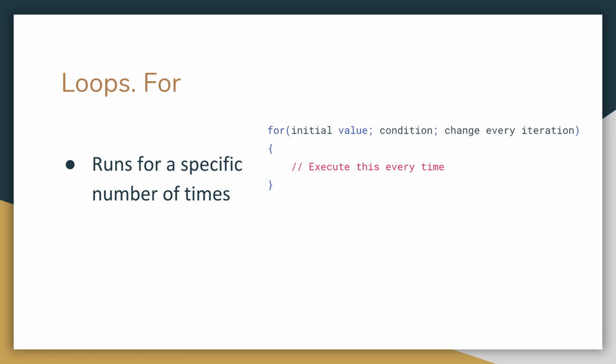So let's say if I want to run my loop 5 times, I will say that my initial value is 0. Let's say int index is 0, and my condition is index is less than 5 if I want to run it 5 times, and then my change in every iteration will be that my index changes by 1. So index plus plus. And running this, it will execute whatever is in between the curly braces 5 times.